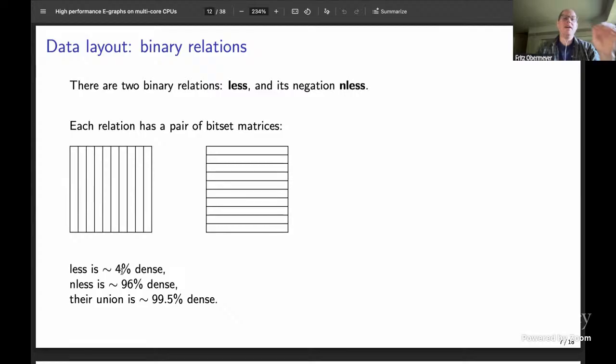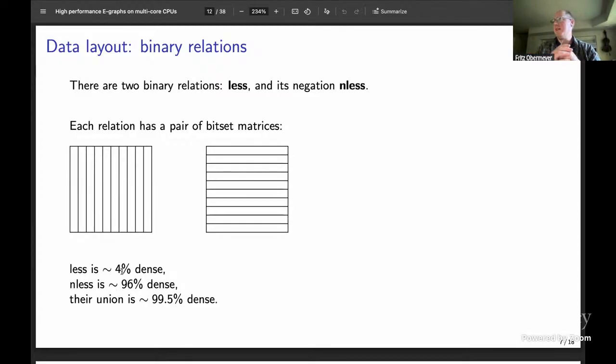And in practice, I'll try to provide some actual numbers. Unlike egg and egglog, I'm focused on just one theory. And so I can give concrete numbers: the less table is 4% dense, and the n-less table is 96% dense, and the union is over 99, I think closer to 99.8% dense.